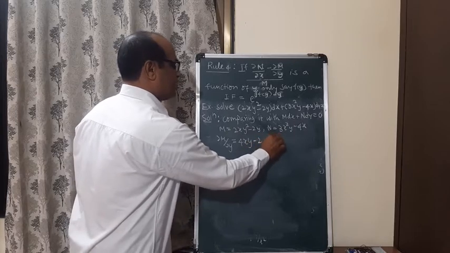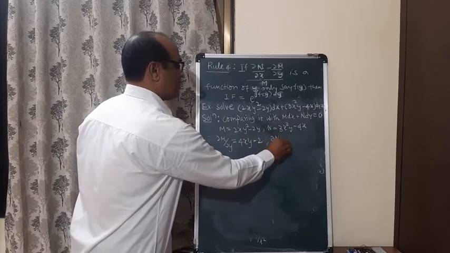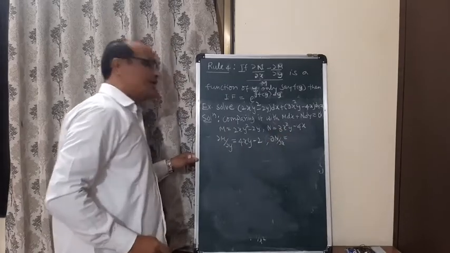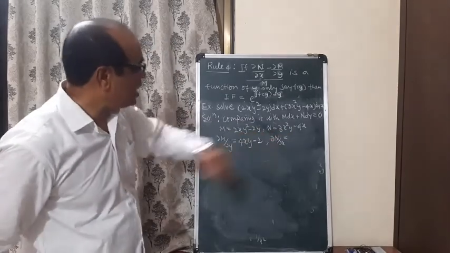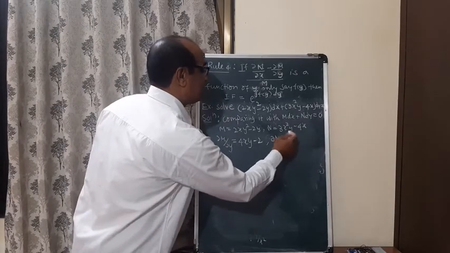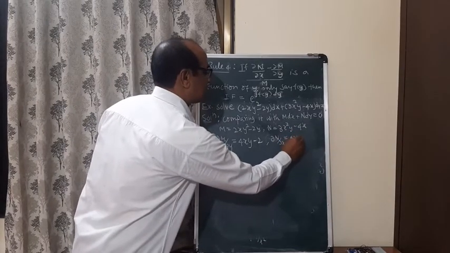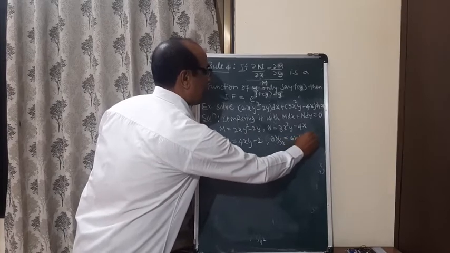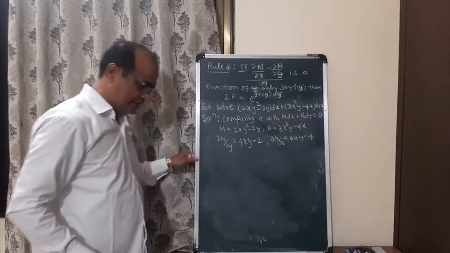What is ∂N/∂x? Partial derivative of N with respect to x keeping y constant. So that is 6xy minus 4.